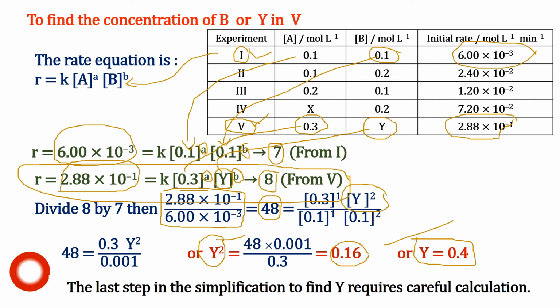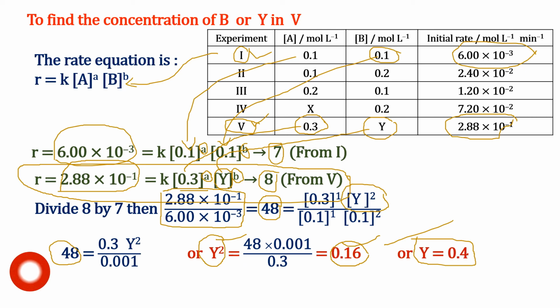The last step, the simplification to find y, requires careful calculation. Remember, y squared is equal to 0.16. Substituting the values of a and b and then simplifying based on the ratio between experiments 5 and 1, you get the value of y as 0.4.